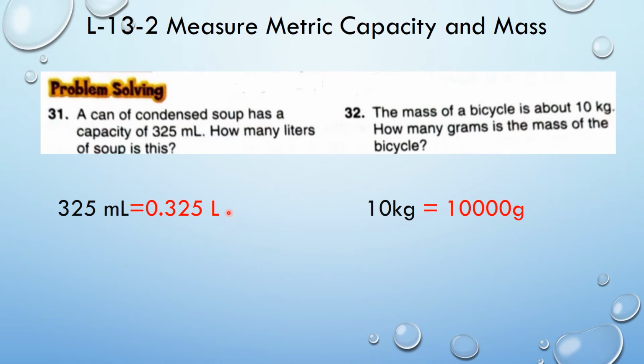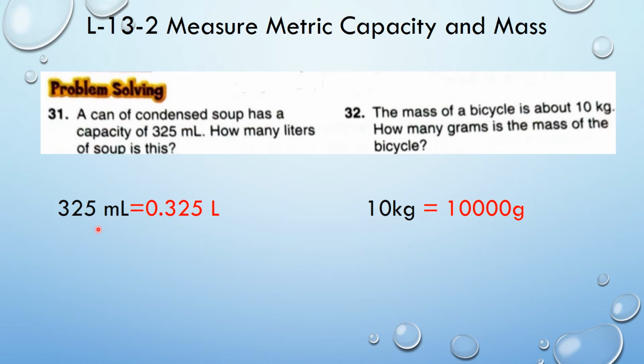You can see problem solving. That means word problems. A can of a condensed soup has a capacity of 325 milliliter. How many liters of soup are in this? That means convert milliliter to the liter.